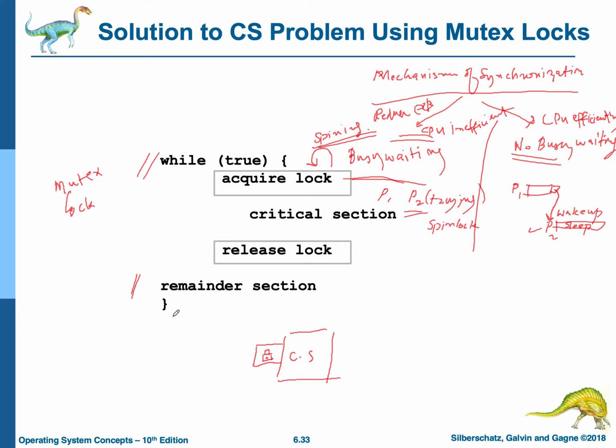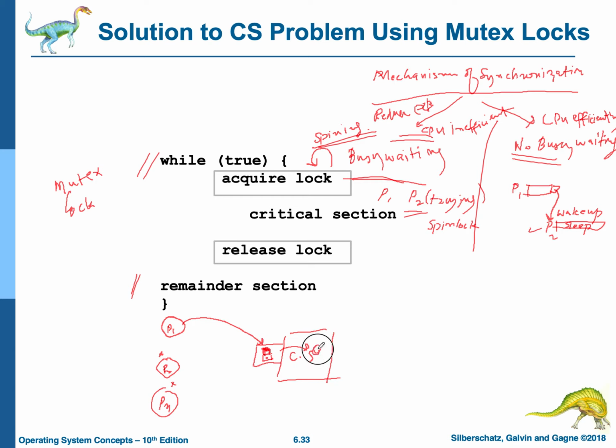Now if P1 and P2, and maybe Pn, try to access, then if this one is not ready and this one is not ready, and this one is ready, it will first come here, and the lock is open. When it goes into the critical section, it will close the lock.